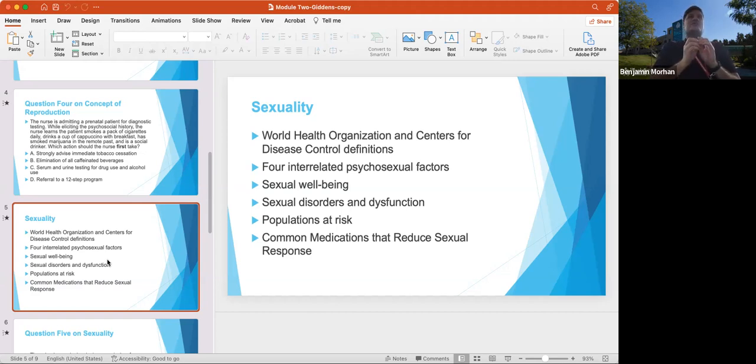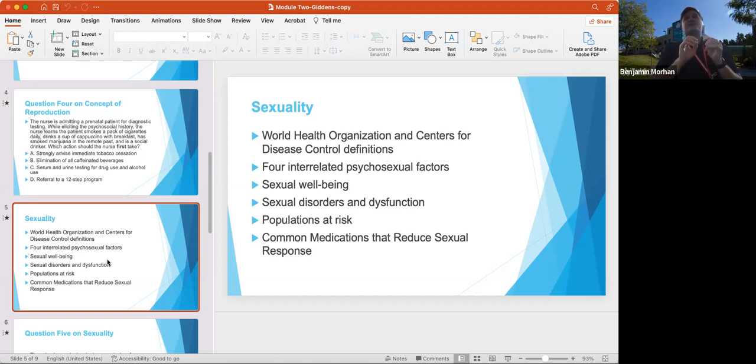And then there is sexual orientation, how one views oneself in terms of being emotionally, romantically, sexually, or affectionately towards an individual or a particular gender. And finally, the 4th interrelated psychosexual factor is sexual behavior, how one responds to sexual impulses and desire.